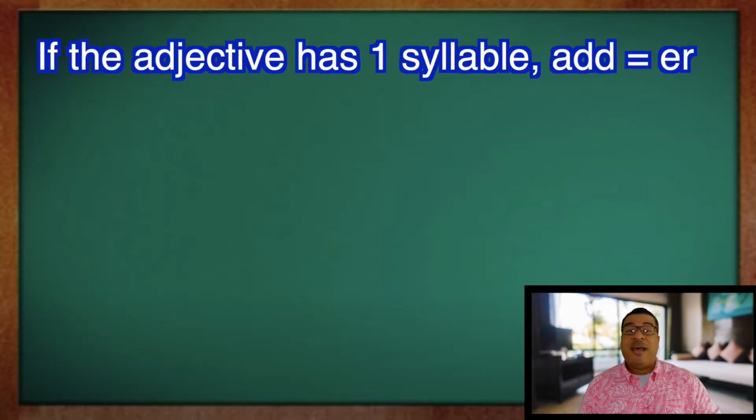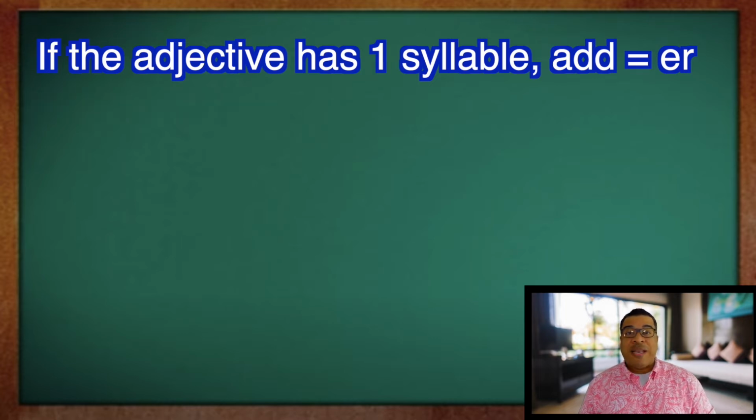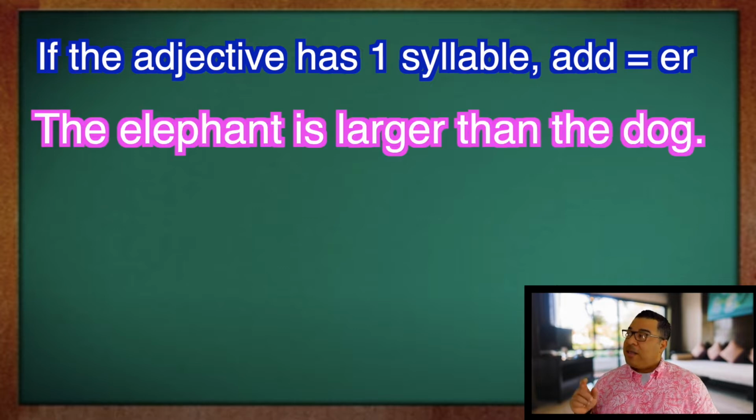Step number one, if the adjective has one syllable or sound, the end of that adjective must end in ER. For example, large becomes larger because large has one syllable. So if an adjective has one syllable or one sound, that adjective must end in ER. The elephant is larger than the dog.